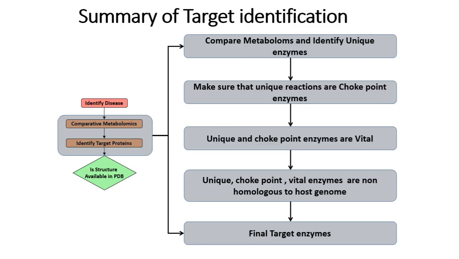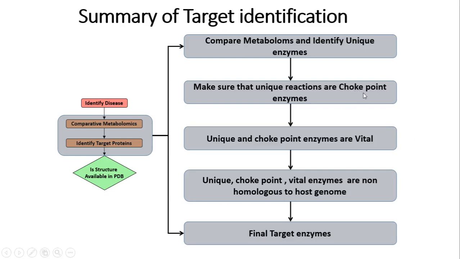Then you would shortlist the enzymes that are unique. So out of these 1000, it could be that there are only 100 enzymes that are unique to only the pathogen. So out of these 100 enzymes, there might be only some 70 unique enzymes that follow this choke point reaction.